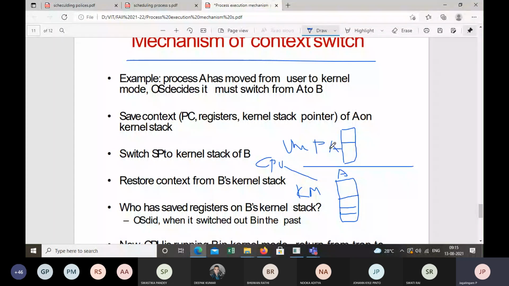That means where we stopped the execution, at which instruction, because PC is pointing to that instruction. At that instruction you made a system call, therefore the CPU came to kernel mode. So the address that PC points to will be stored in the kernel stack of process A.